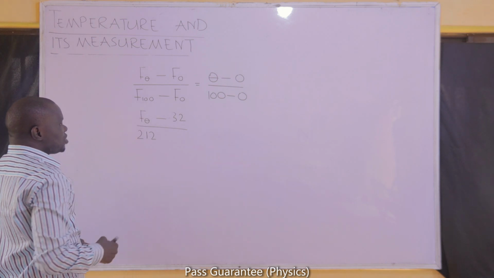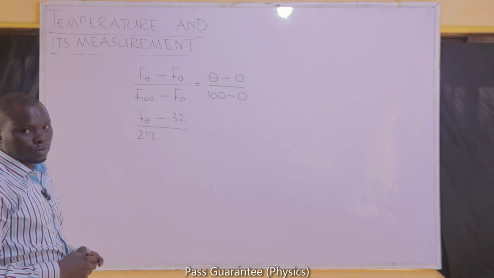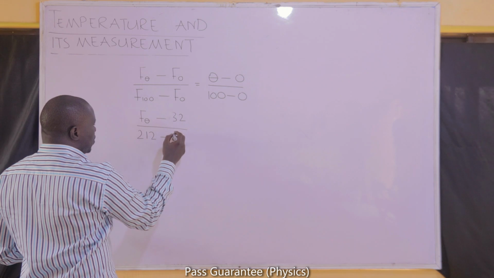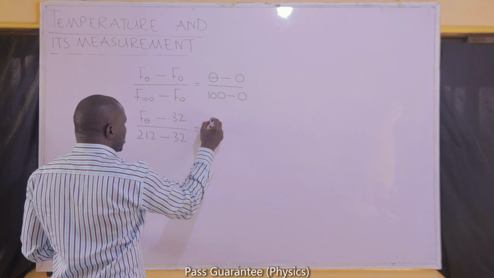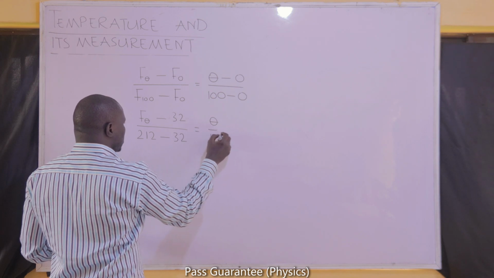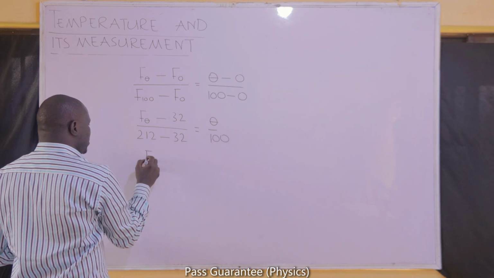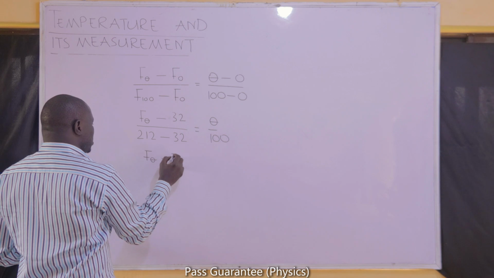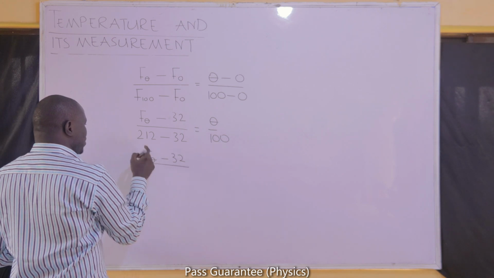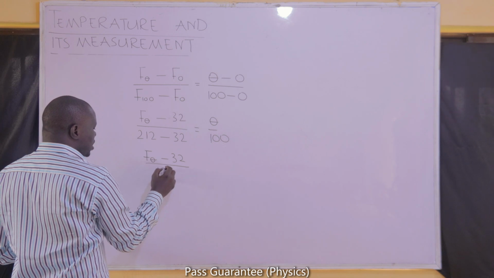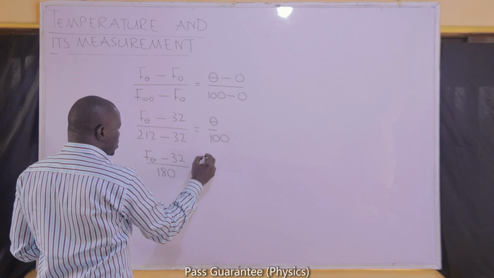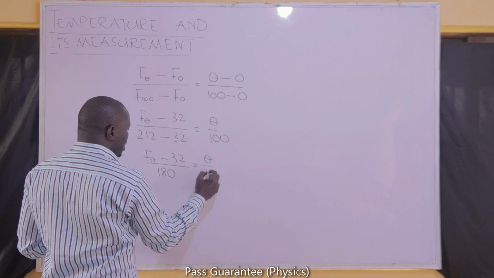So Fahrenheit at 100 is 212, and Fahrenheit at 0 is 32. So this must be F theta minus 32 all over, if you subtract 32 from 212 you have 180, is equal to theta all over 100.